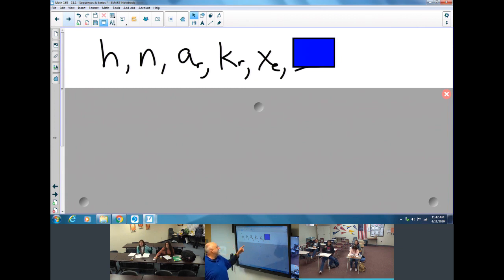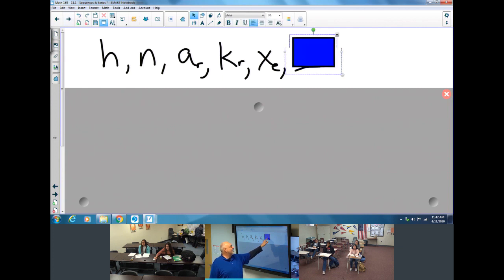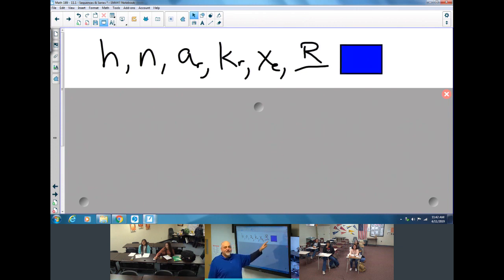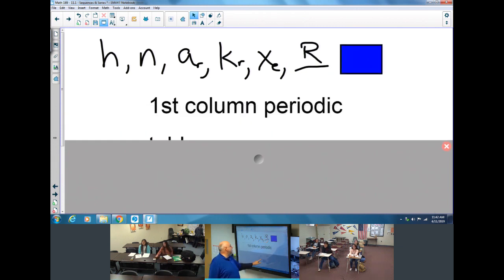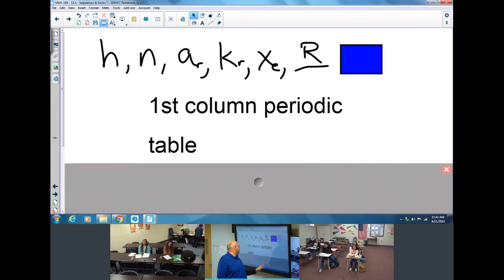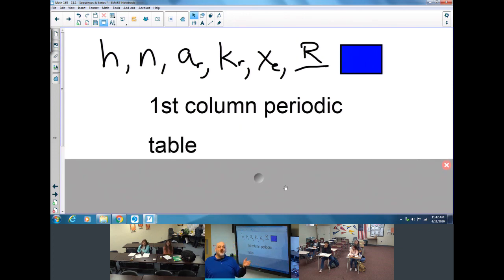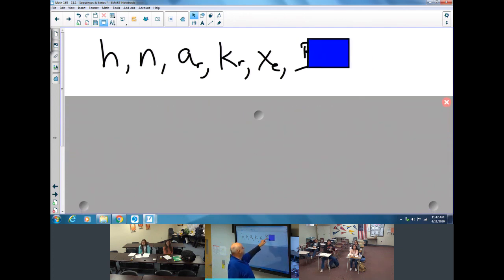Argon, krypton, xenon. Anybody? What comes next? Radon. This is specifically the last column in the periodic table, what's called the noble gases. So a little science there.